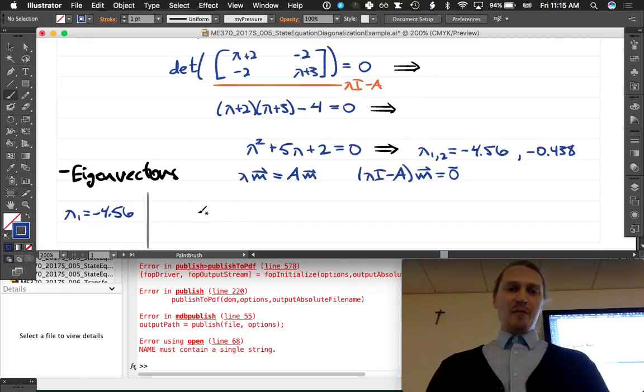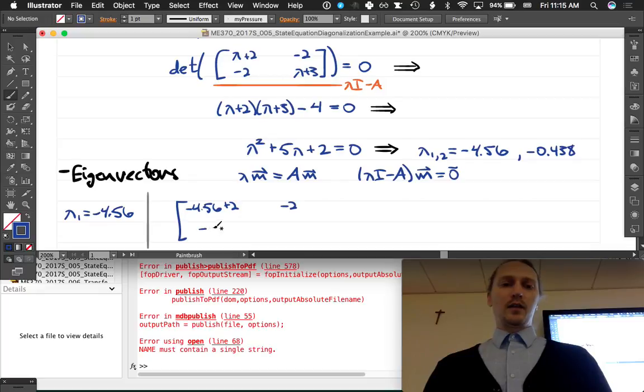So using that matrix, we can say that negative 4.56 plus 2, negative 2, reading off here, negative 2, and then once again negative 4.56 plus 3, times m, has to equal, right?